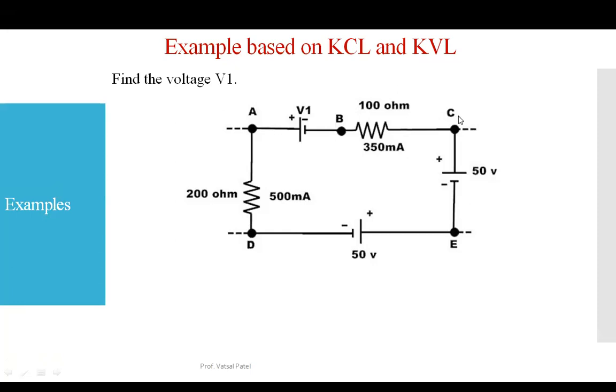Yes, there are three sources given here and two resistances given here, along with the current which is flowing through those resistances. Understood? So we have to identify the voltage V1 here, and we can apply KVL. Yes or no?